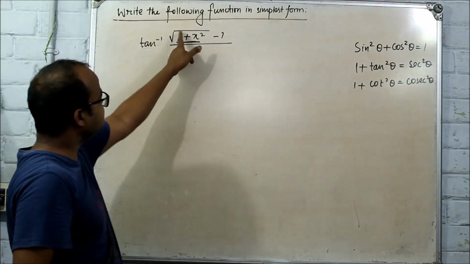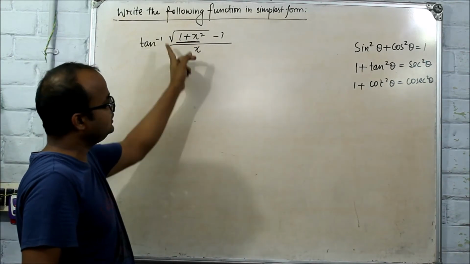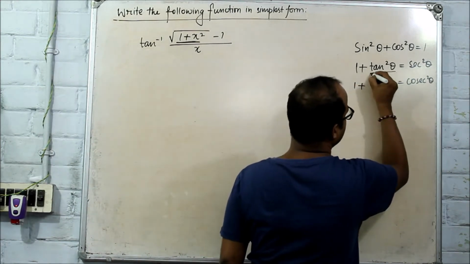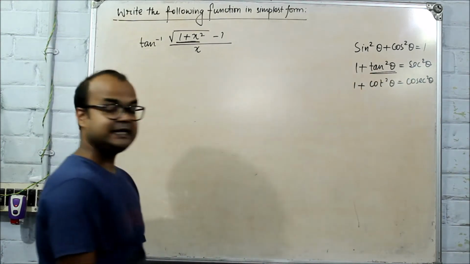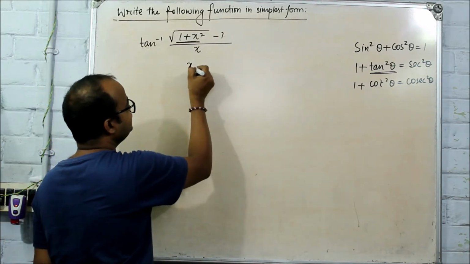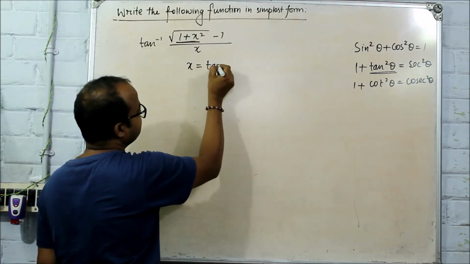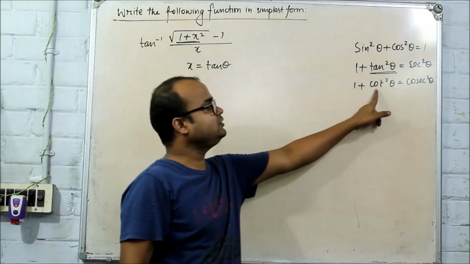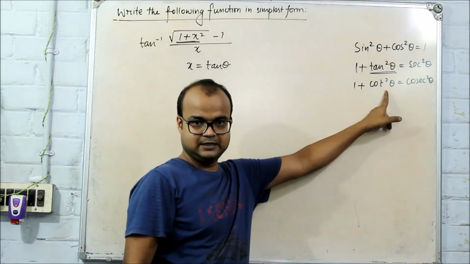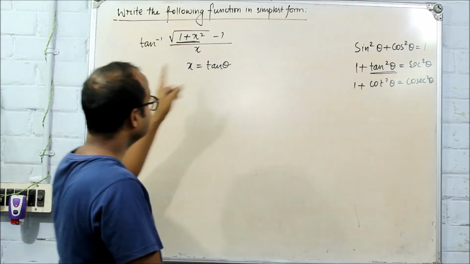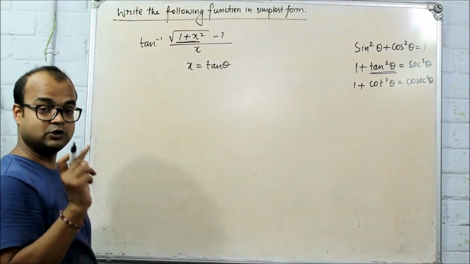Now, if you look at this term, square root of 1 plus x square, in place of x square we can substitute tan square. That means, if we substitute x is equal to tan theta, you can also go for cot. Clear? But look at the form which will match with the formula.